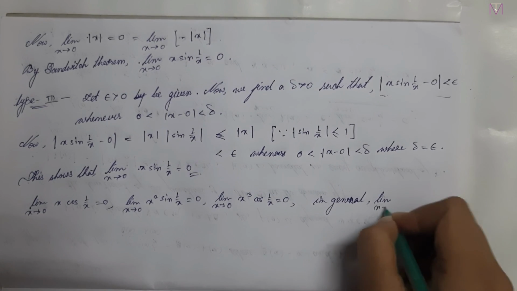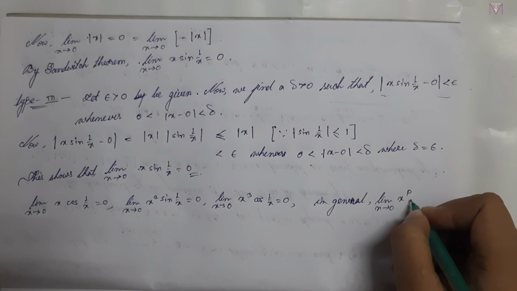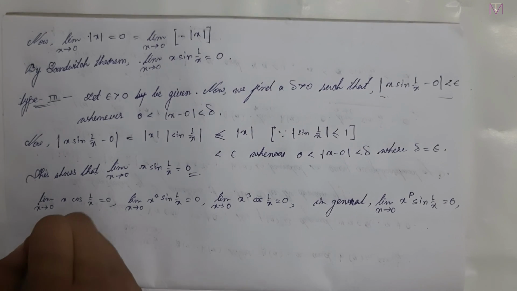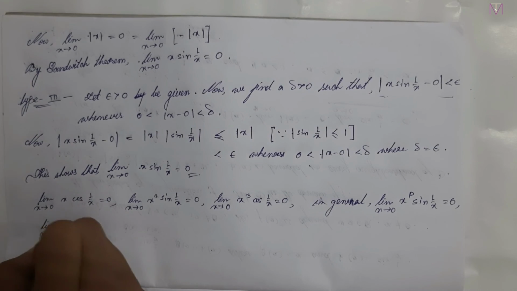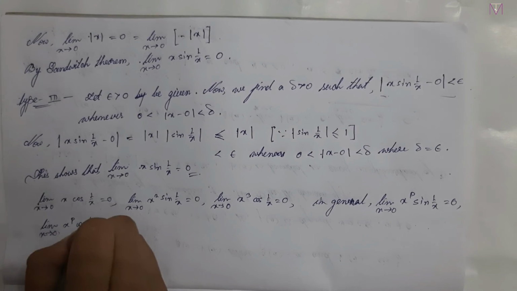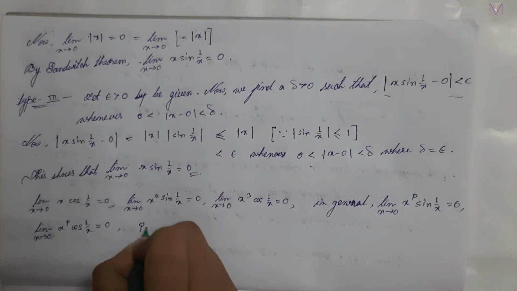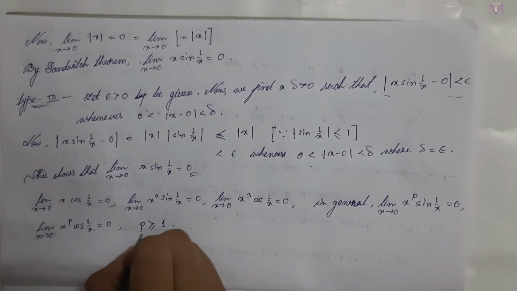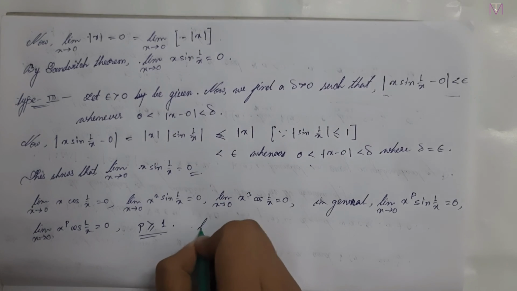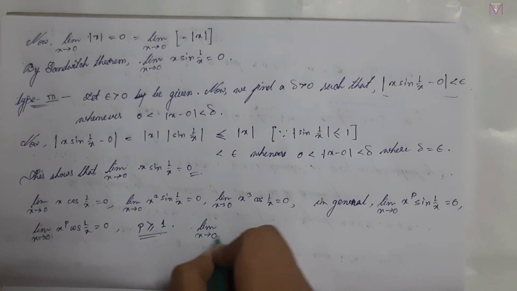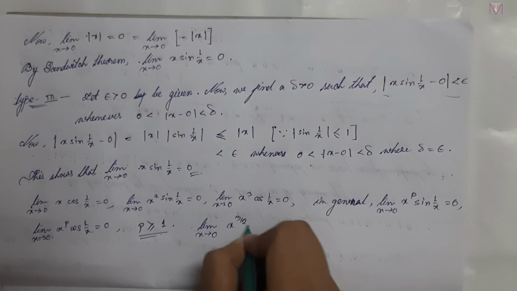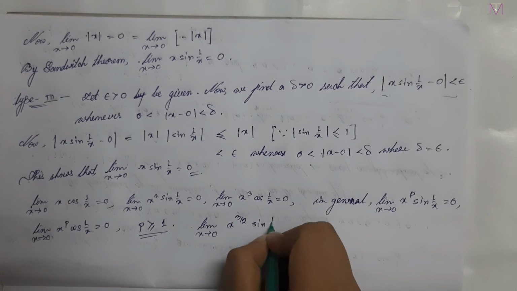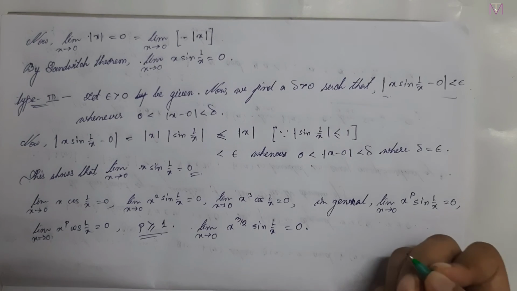Limit x tends to 0, x to the power p sin 1 by x or x to the power p cos 1 by x is equal to 0, where p must be greater or equal to 1. So if greater or equal to 1, then we can also prove that limit x tends to 0, x to the power 3 by 2 sin 1 by x or cos 1 by x is equal to 0.